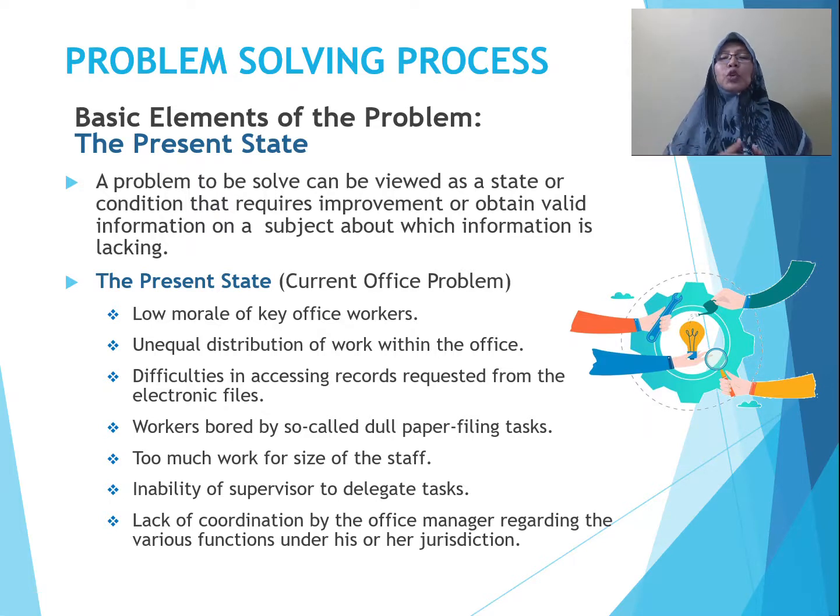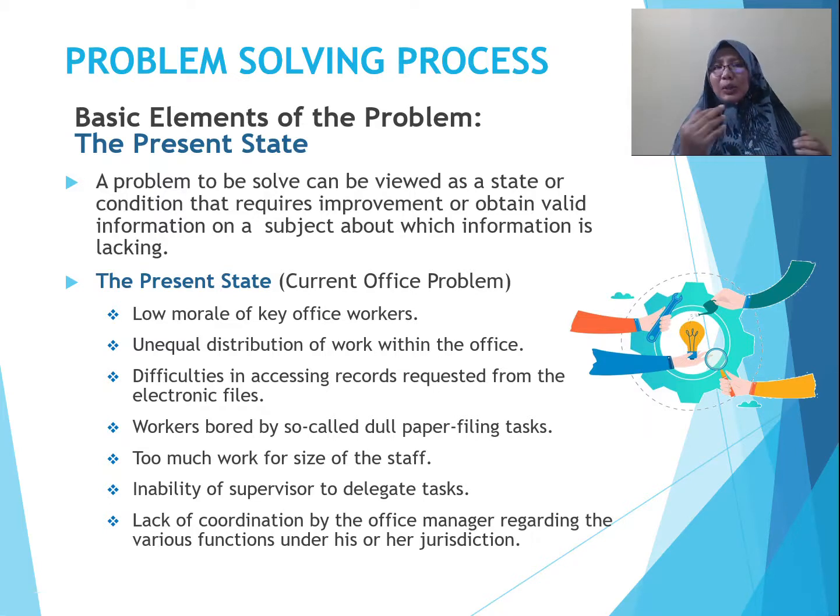Number 5, too much work for the size of the staff. And the next one is inability of supervisors to delegate tasks. And lastly is the lack of coordination by the office manager regarding the various functions under his or her jurisdiction. So these are the present state, or the current office problems.